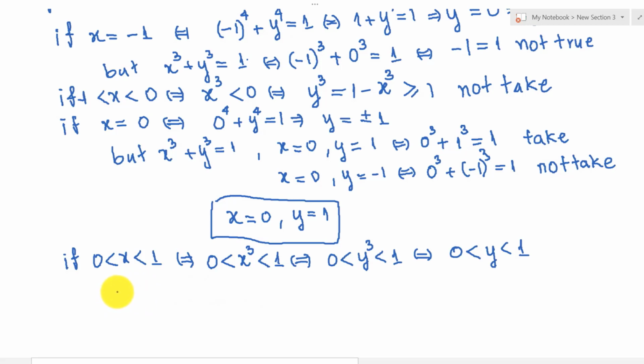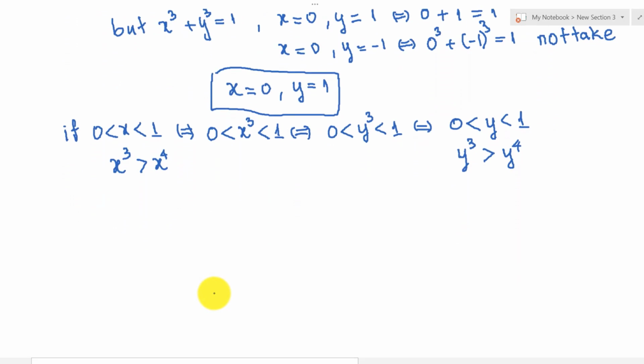Okay, we get x^3 is bigger than x^4, because if x is bigger than 0 and smaller than 1, we get x^3 is bigger than x^4. And this 0 is smaller than y and y is smaller than 1, so we get y^3 is bigger than y^4.